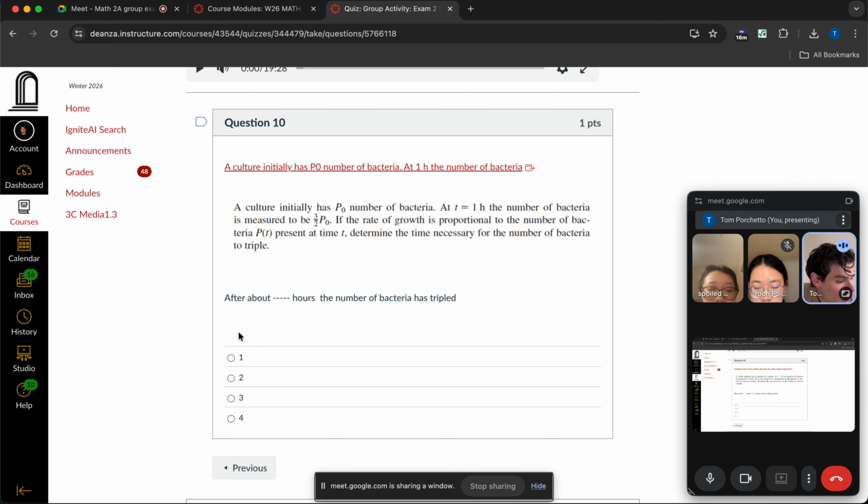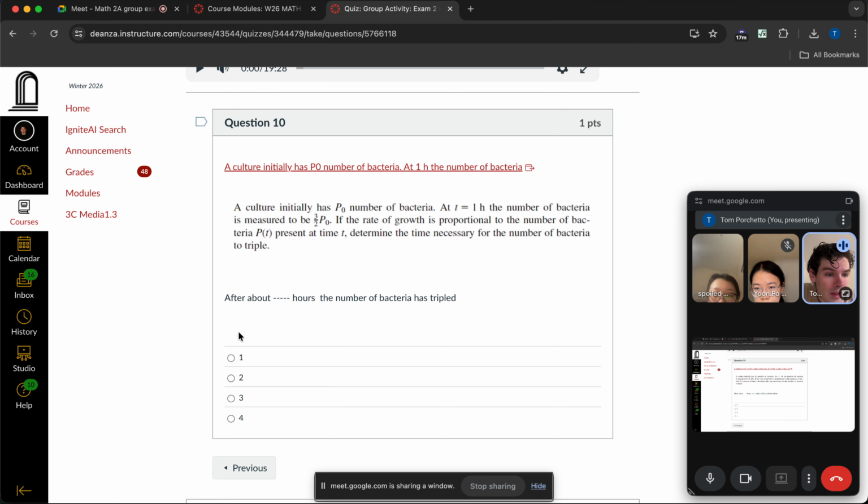Then we need to find when P of t is equal to 3 P0. So we set P0 e to the power of kt equals 3 P0. Then we end up with e to the power of kt equals 3. We solve for t, so we need to take the natural log.